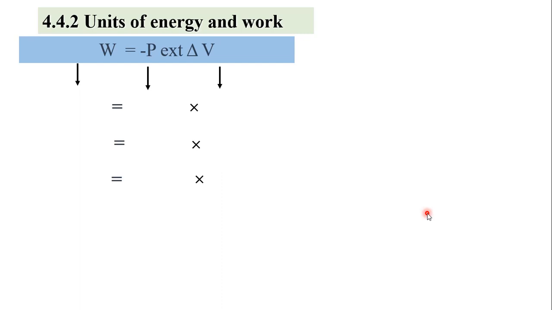Now we will study the most important point, that is units of energy and work. Now you know that W is equal to minus P external into delta V. Suppose here the pressure is expressed in bar and volume is expressed in dm cube. Then work will be expressed in bar dm cube.